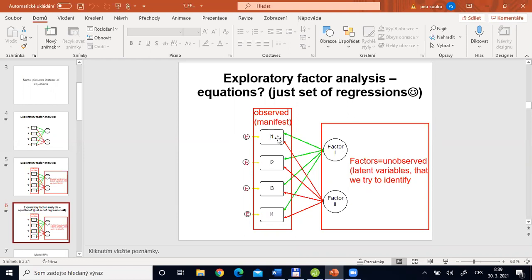And now it would be nice if somebody could try to tell me what the equation for this I1 variable could be. What would be the classical regression equation for I1 according to this picture? Please try if you can. So I1 is equal to what? Nobody would try?